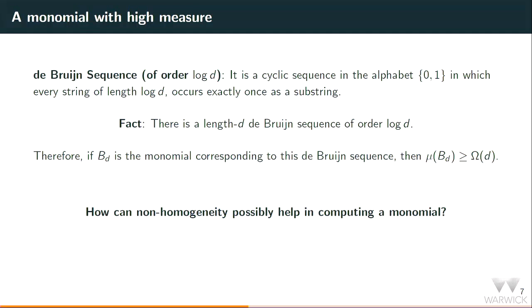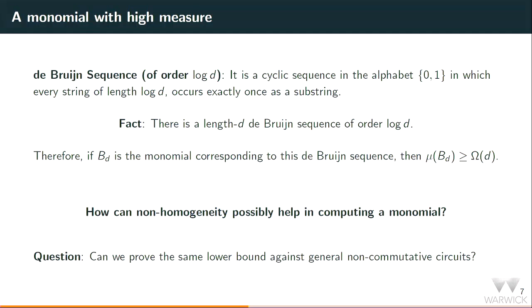And when you are computing just a monomial, why should you need addition gates? We don't know, but unfortunately we can't even prove that addition gates are not going to give you any power. We strongly believe that we should be able to do this. We want to show that the same lower bound even holds against a general non-commutative circuit. And we are still thinking about it, and unfortunately we don't have anything yet.